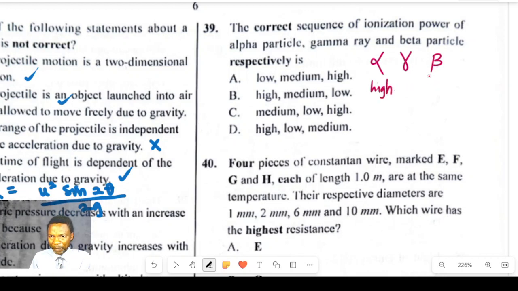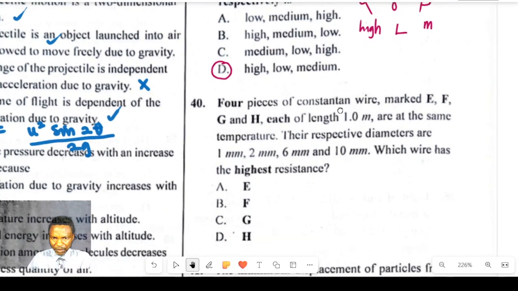Then beta, medium because of the size, and this one is low. So you have high, low, medium. That is D. Ionization is the ability of each of the particles to discharge air particles around them.